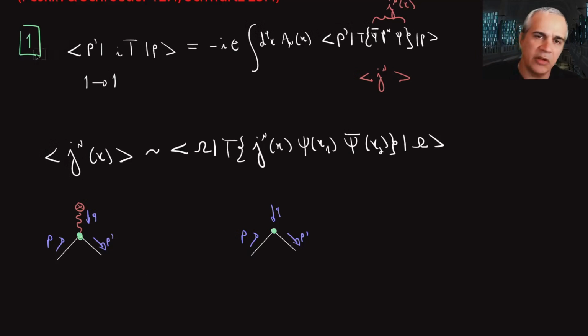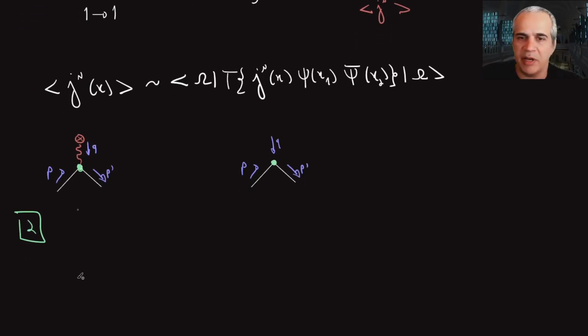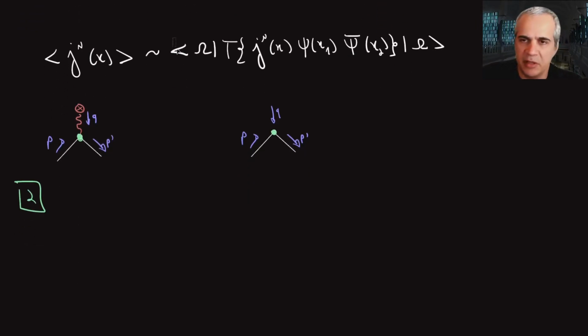A second case where we could be interested in local operators is when we integrate something out, in the spirit of the Wilson approach to renormalization. So imagine you have a theory with the following interaction between fermionic fields and a massive vector field.